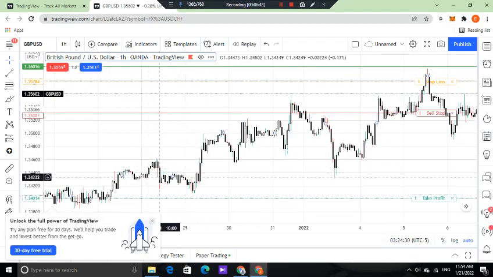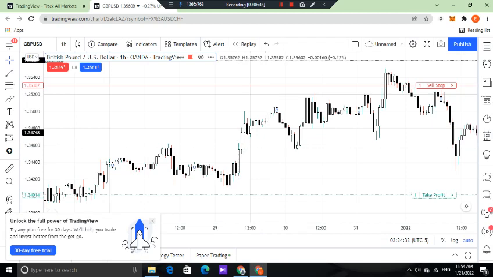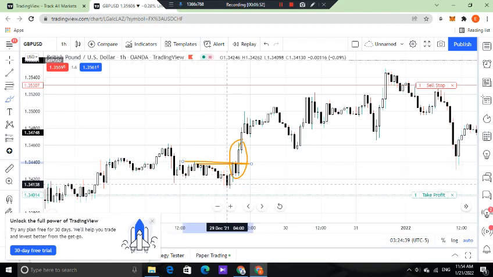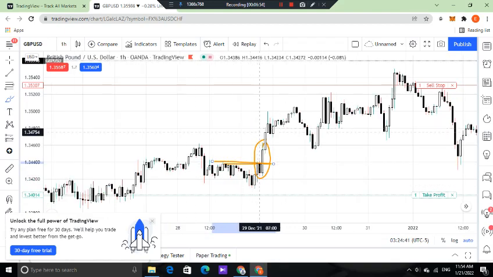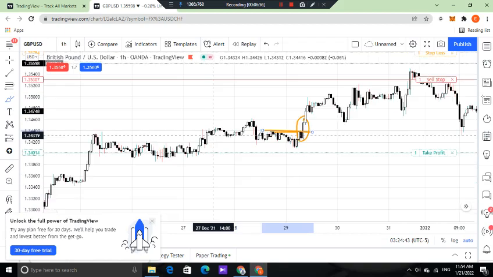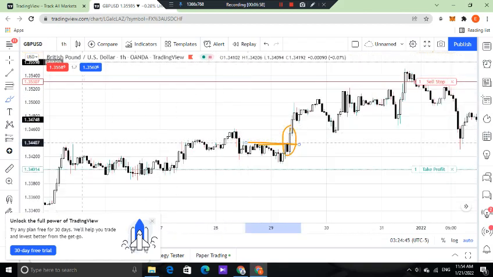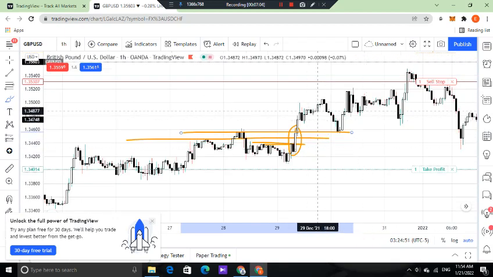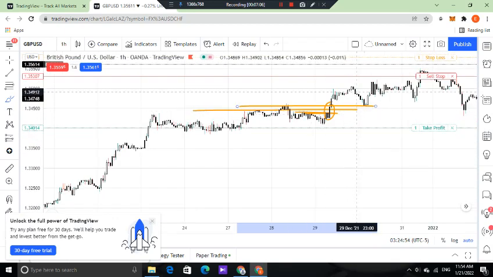Other examples. This one is a measuring gap because after this resistance, at the beginning of a new trend, above this resistance, we expect to see a first leg and second leg after that.